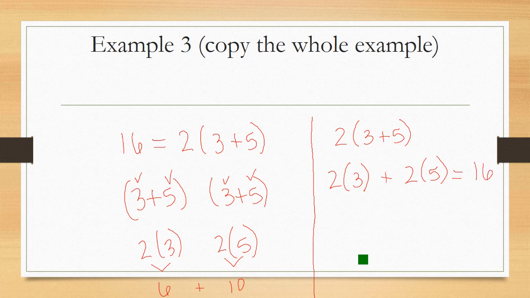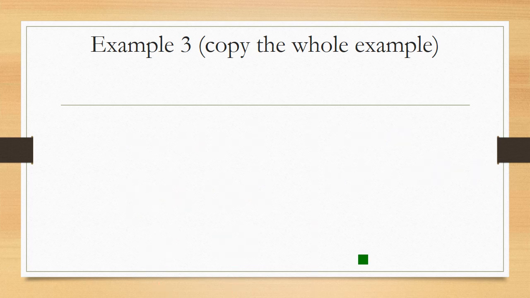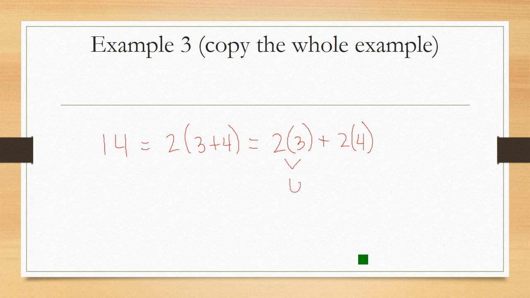to my original number. If we think back to example 1, which was the number 14, we rewrote it as 2 times 3 plus 4 because it was 2 times 7. This means I have 2 3s, and if I add it to the 2 4s that I have, that will give me 6 plus 8, which is 14.